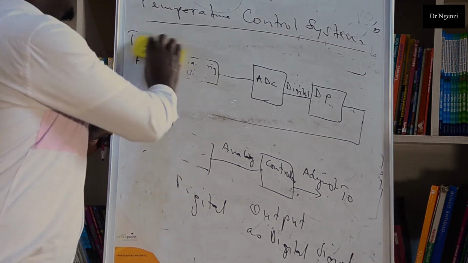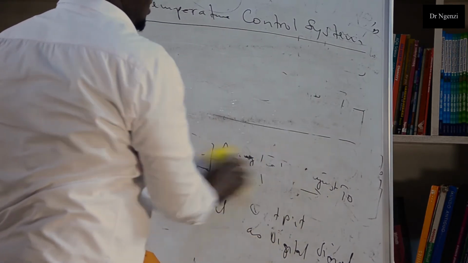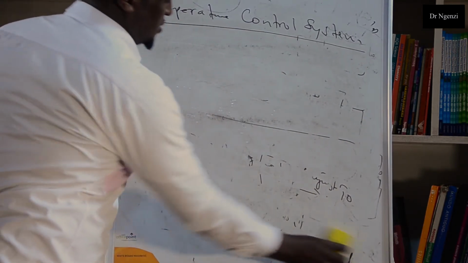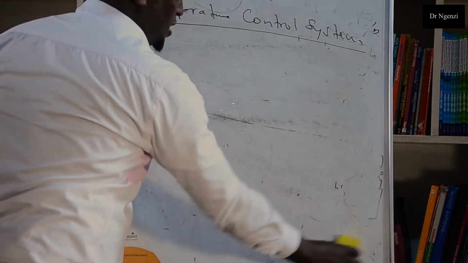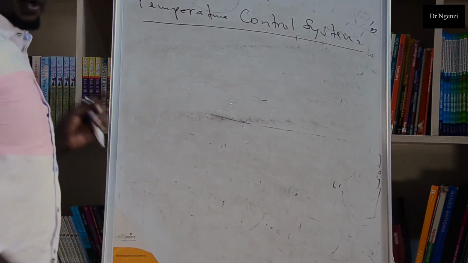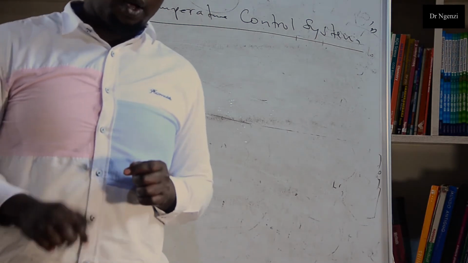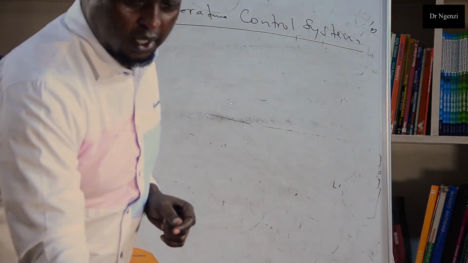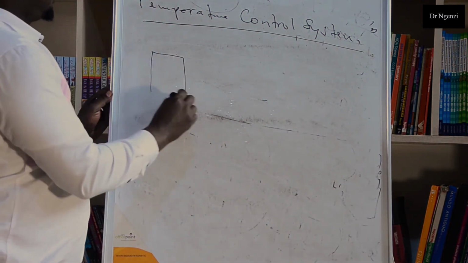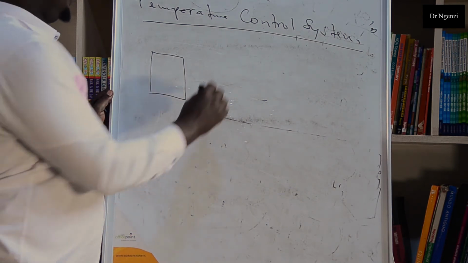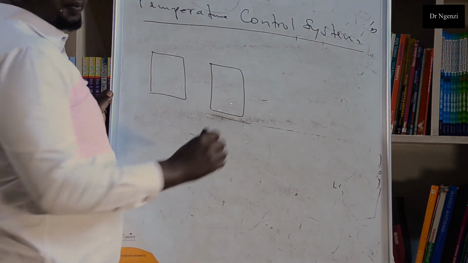Now we are going to continue using different examples with various sketches. You can see it is reflecting the other one that we began with when we were drawing some of the sketches here. So we are going to explain each diagram by diagram. Here you have analog, then you have an analog to digital converter.